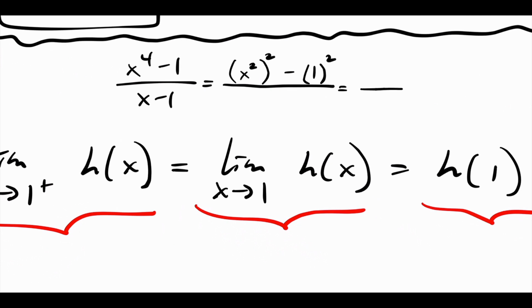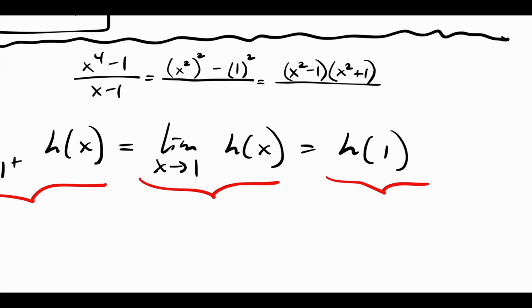So in other words, it's x squared minus 1 times x squared plus 1. And one of them is still difference of squares, right? The first one, I can break down to x plus 1, x minus 1. And then the second one is not difference of squares, so it stays.